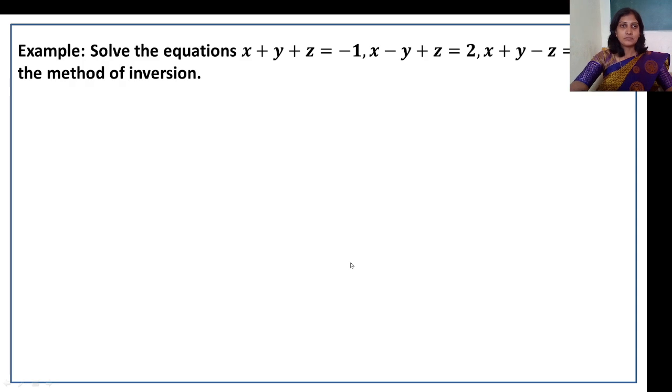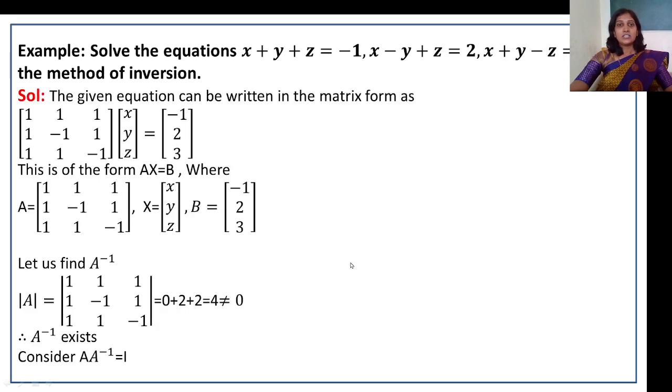Then the next example: solve the equations x plus y plus z is equal to minus 1, x minus y plus z is equal to 2, x plus y minus z is equal to 3 by the method of inversion. Here is a linear equation which has 3 unknowns.